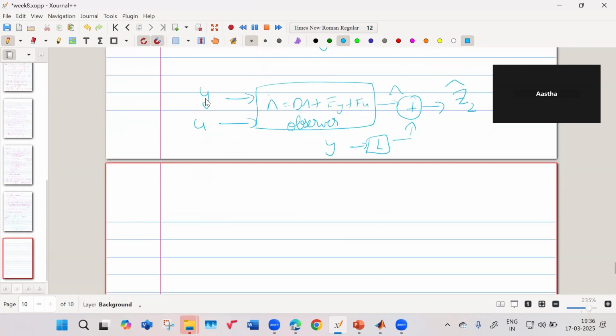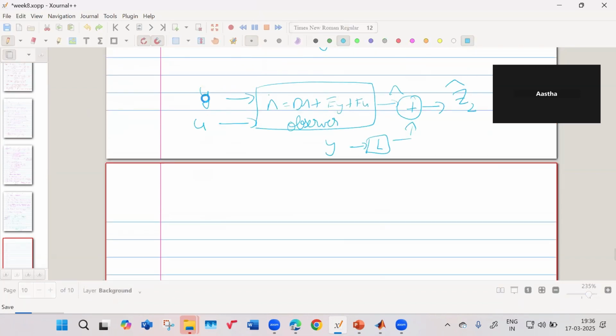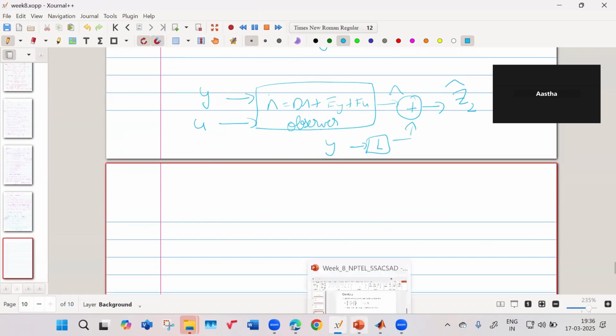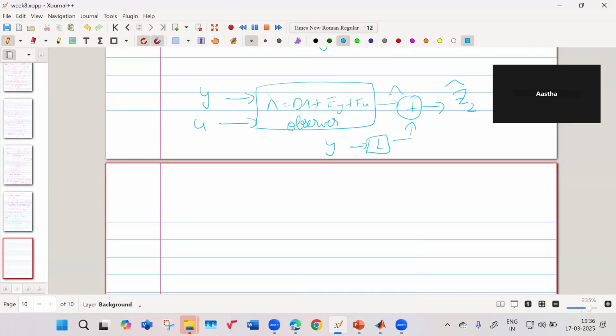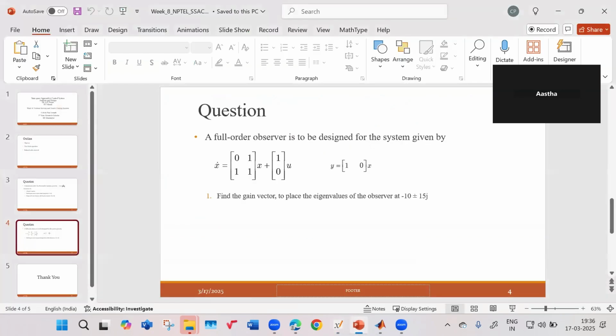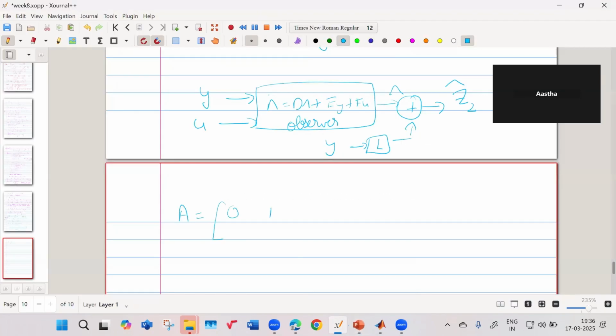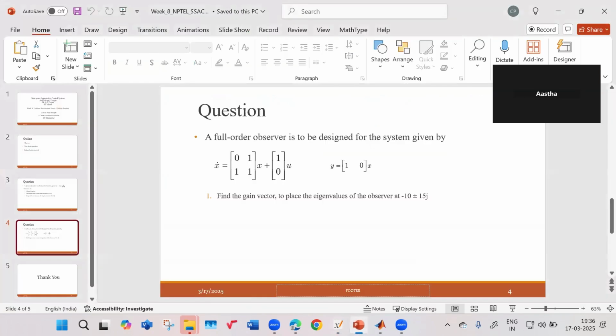So now we will go back to our question. This is our A matrix, B matrix, and our C matrix. Let us partition this. A is 0, 1, 1, 1. Our B is 1, 0.